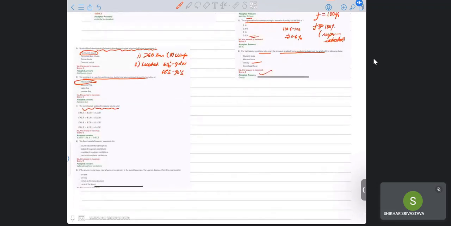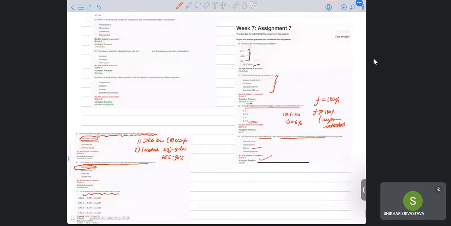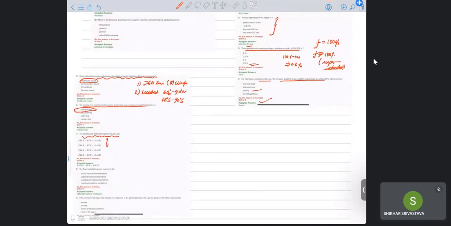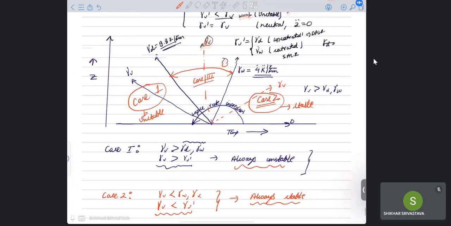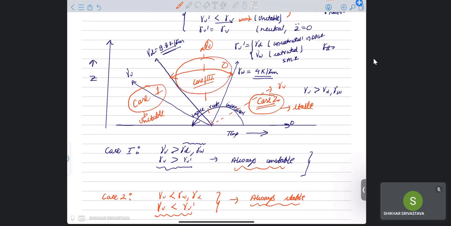The conditionally stable atmosphere, okay. For the conditionally stable atmosphere, what could be the condition? I think this is the answer for it. The conditionally stable atmosphere means we're talking about case 3.